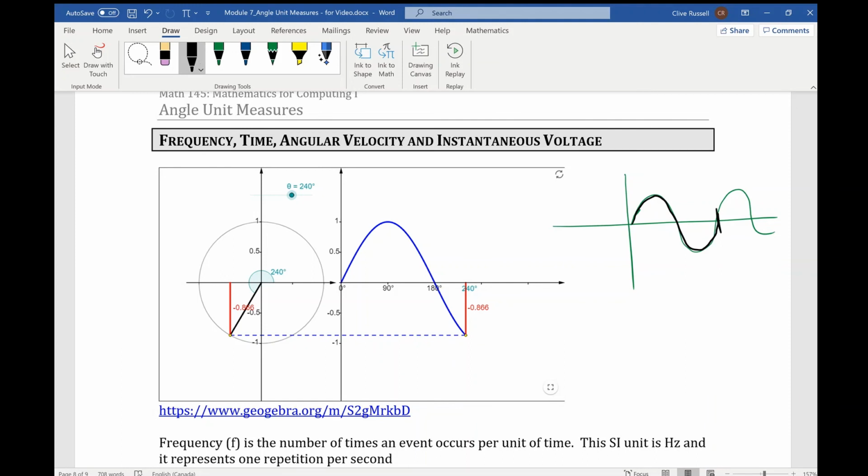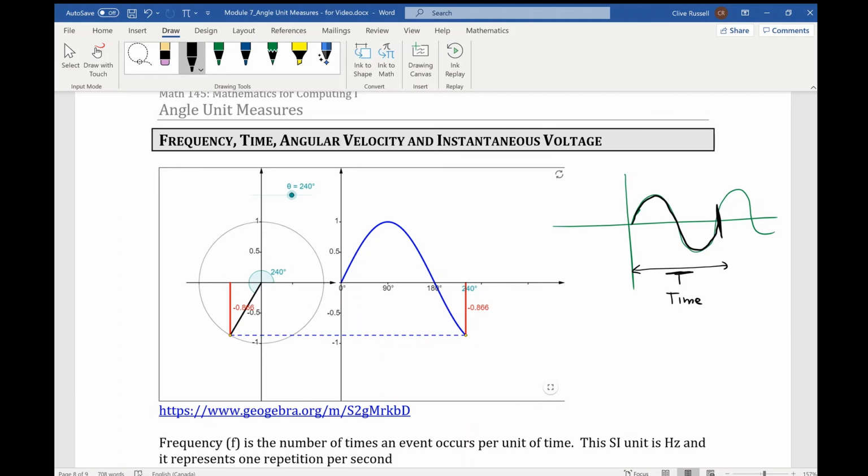The time it takes to go from here to here is represented as T, and that is called the period, or the periodic time.